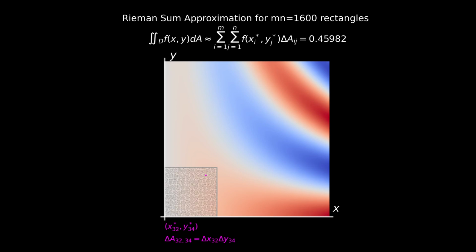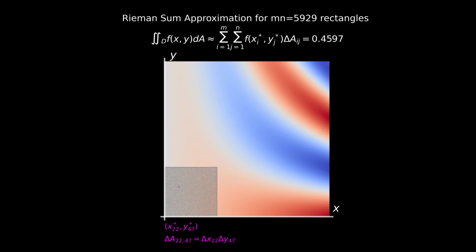And sure enough, as we increase the number of rectangles in our Riemann sum, we're getting closer and closer to that exact value. So this is very cool and neat, I think, to see this displayed out. And in the next few lectures, we'll get into how to implement double integration on more complicated domains, and some very useful techniques that we have of doing that.